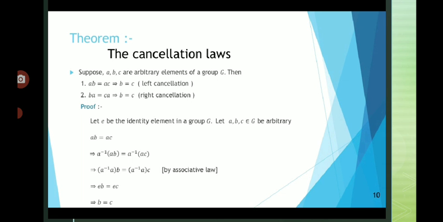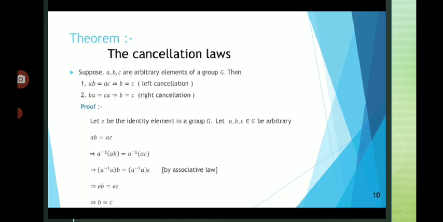Already G is a group, so there is an inverse element in G. A is an element, so A inverse is also an element in that group. So AB is equal to AC; multiply A inverse on the left side. By using the associative property, A inverse into A into B equals A inverse A into C. By using the inverse property, A inverse A is E. So EB is equal to EC.